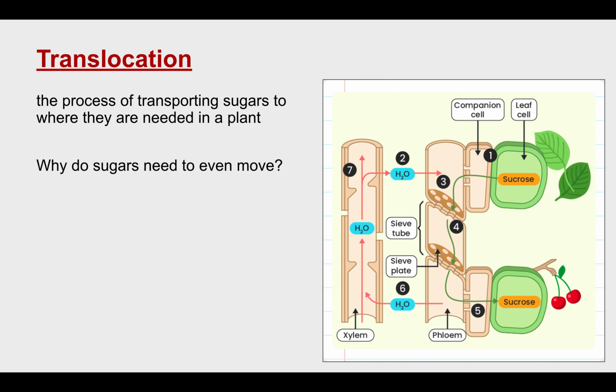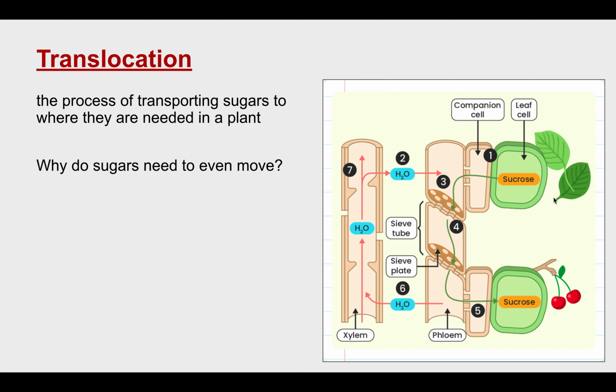Now, the actual term for the transportation of these sugars and other types of molecules is translocation, right? So that's the process of actually moving. I'm going to stick with saying sugars, right? Because a lot of what is moved is sugars. The process of transporting sugars to where they are needed in the plant.